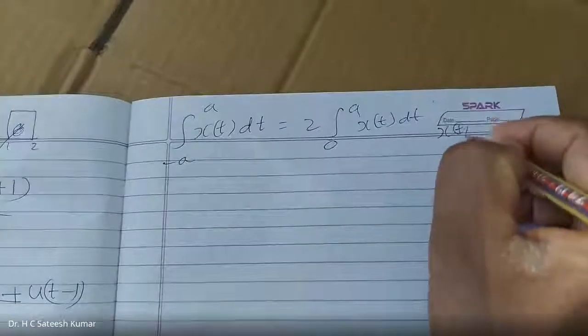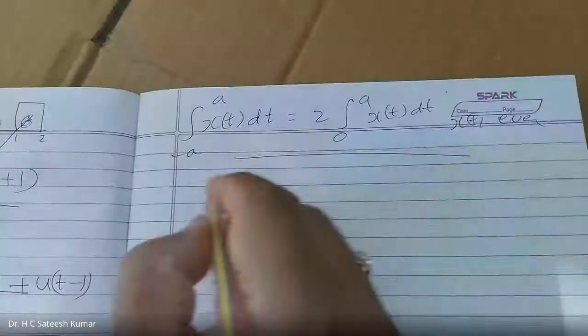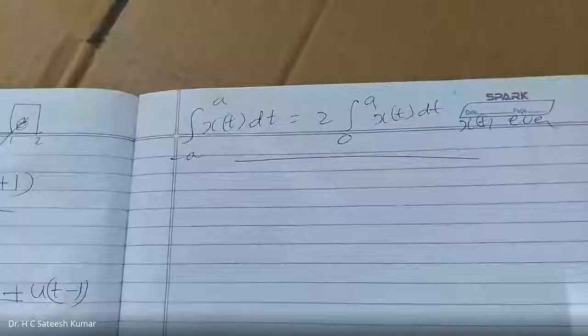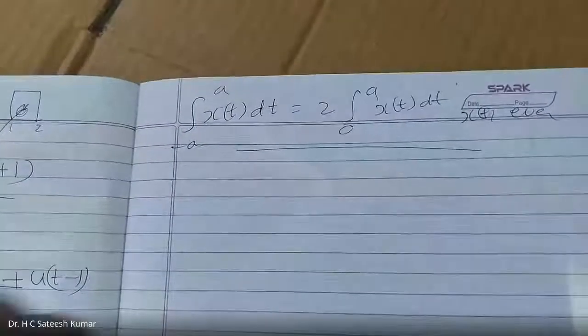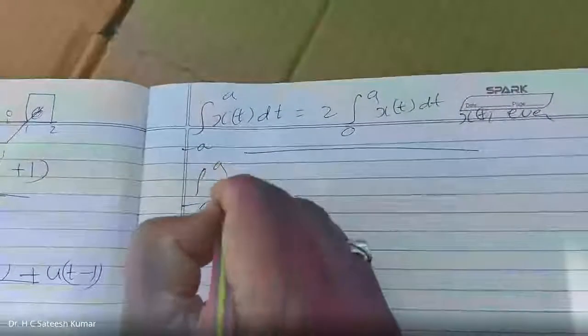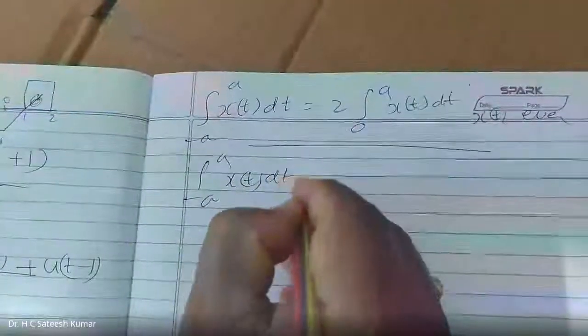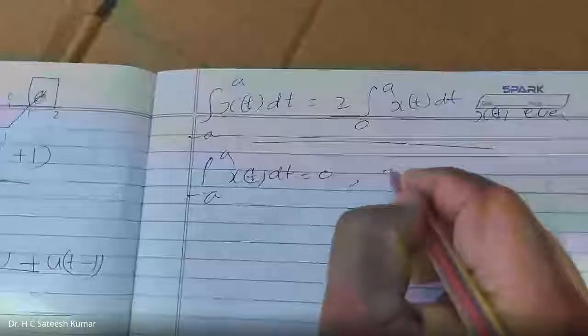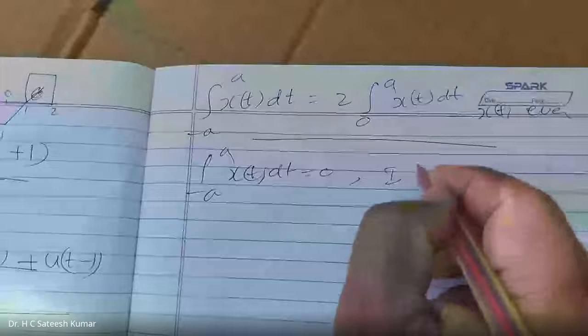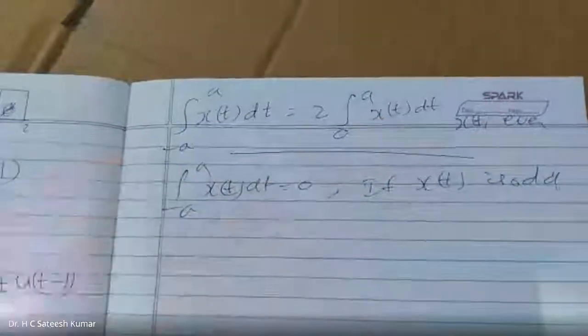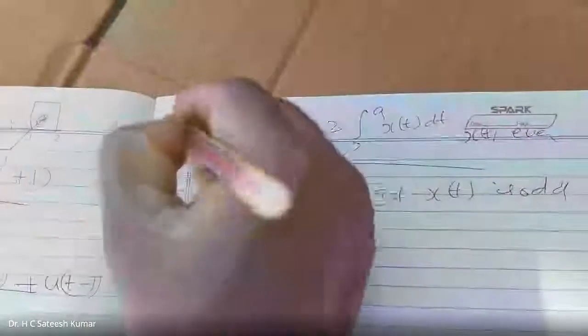Proof is asked. And integration from minus a to plus a of x of t dt is equal to 0 if x of t is odd. This question was asked for 6 marks.